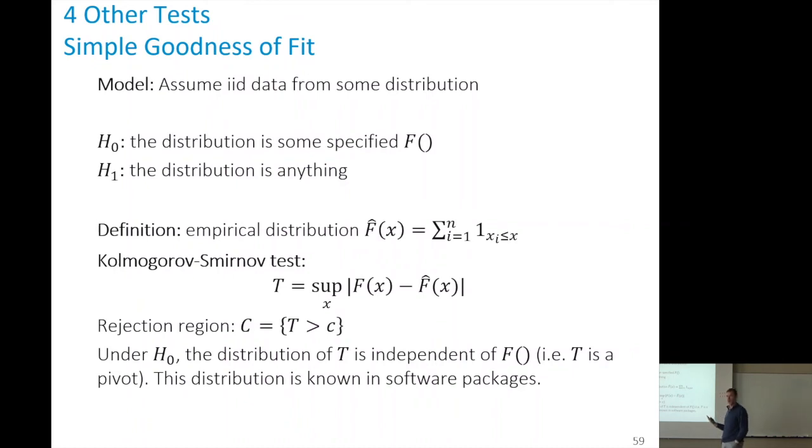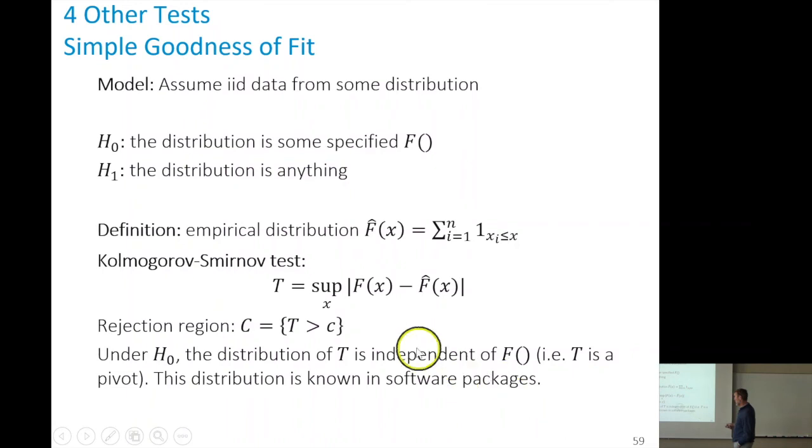In this case, it's more complicated. But by similar arguments as we saw when we discussed sampling, it can be shown that the distribution is always the same. So for example, we can take for F a uniform random variable between 0 and 1, and we can compute this, so that has been done, and software packages have numerical methods, which are not based on Monte Carlo, but analytical methods, to compute exactly the distribution of this.